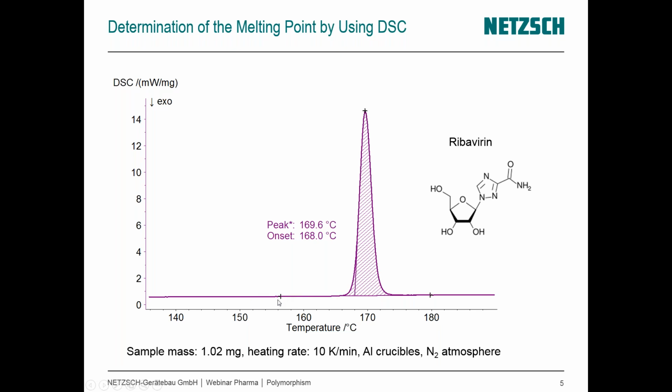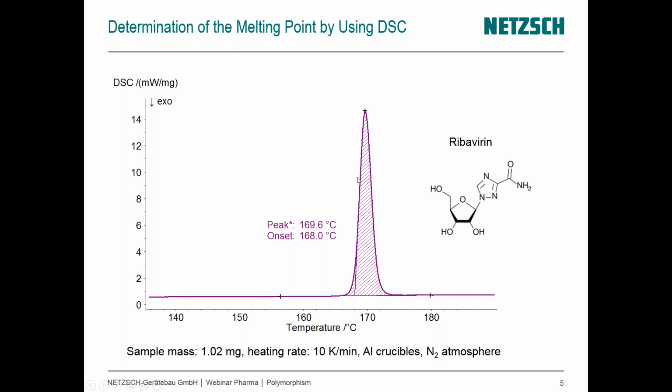And what we can see in the range of 140 degrees C up through 180 degrees C is we have a very clearly defined onset of our melting. So as we're heating the material, we have no endothermic or exothermic events until we reach the melting of this crystalline compound.